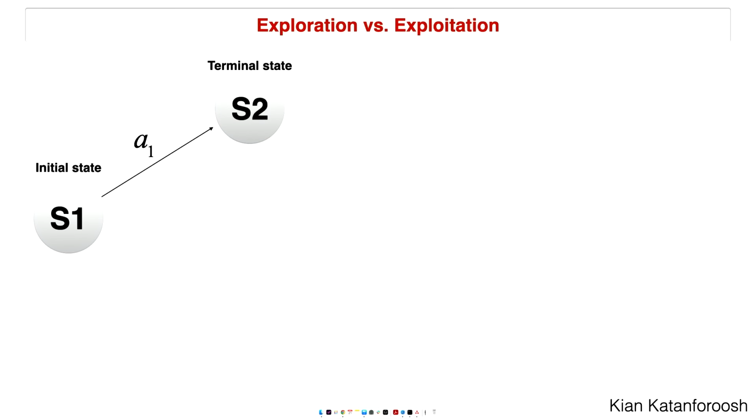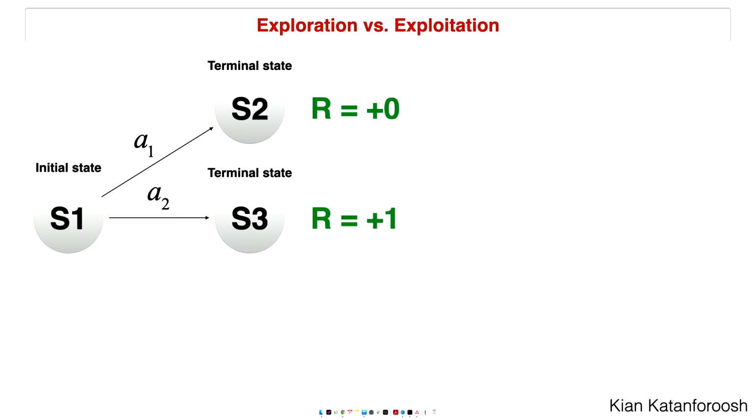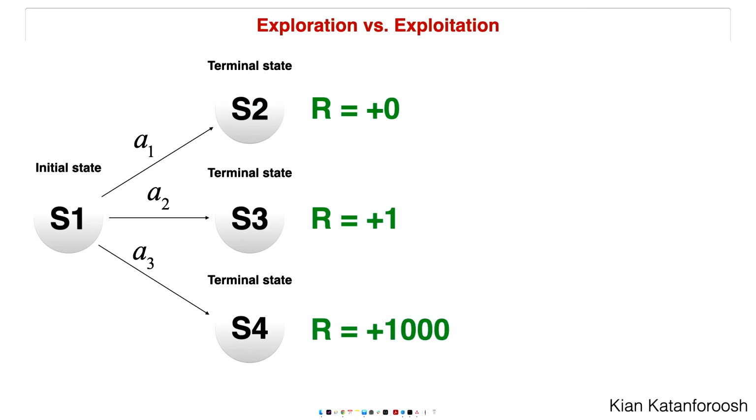If you take action A1, you go to state 2, which is a terminal state, and you get a reward of 0. If you take action A2, you get to S3, also a terminal state, and you get a reward of 1. And if you take action A3, you get to state 4, a terminal state with a reward of 1,000. So of course to us, it's obvious that we would want to explore state number 4.